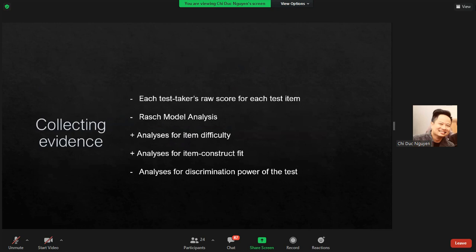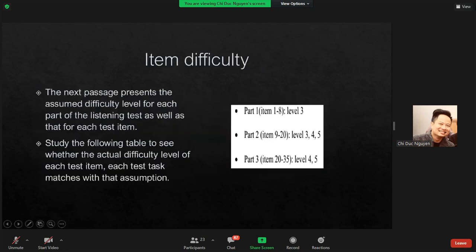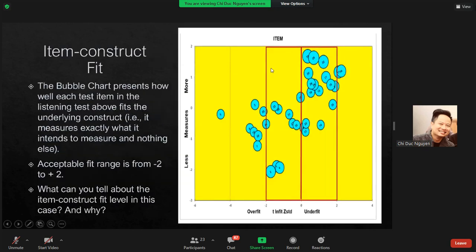And you put the data in, and the machine and the program will analyze the data for you. And for example, in the outcome box, you can see like item difficulty, you can see like item construct fit, you can see something like discrimination power, and you just go to that and try to bring out the documents that I showed you, like the chart. Yes, this kind of chart will appear in the outcomes of analysis.